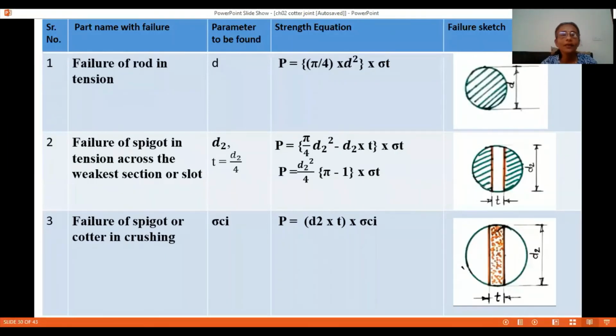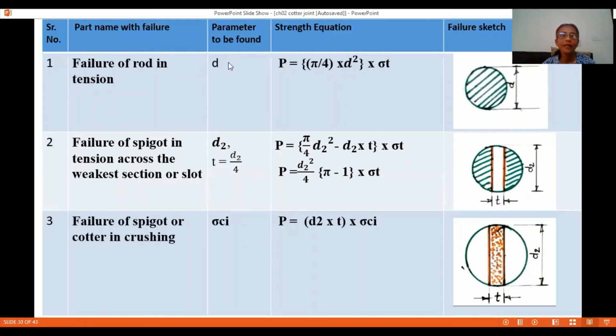So students, to make you understand in a better way, I have made a table for you. In that table, first is a serial number, that are steps. Second is indicating the part name which is subjected to failure. So which part is subjected to which failure?